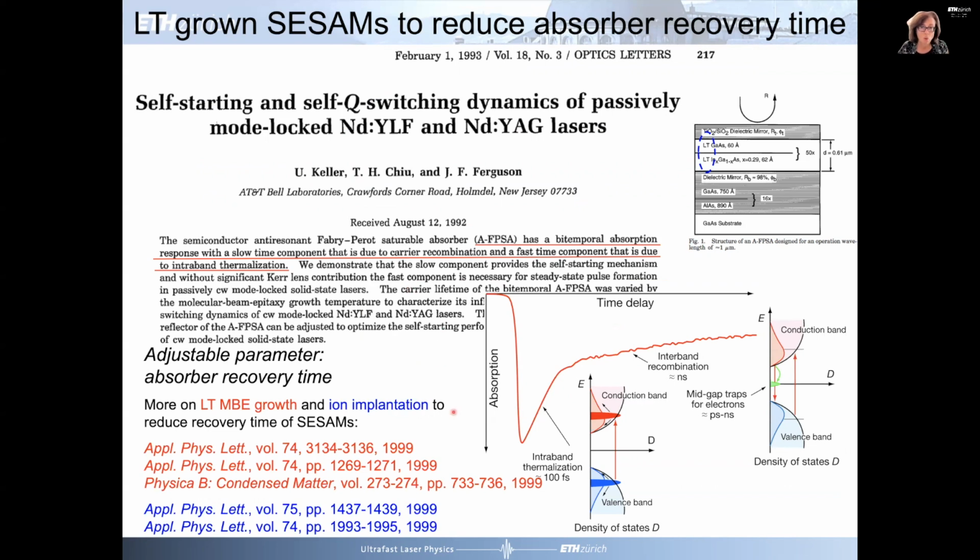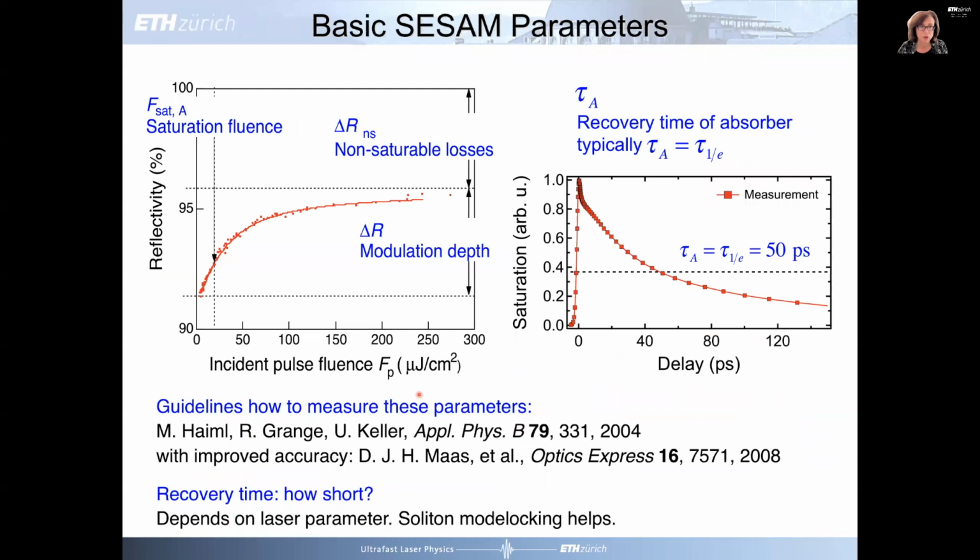I then did a more careful study of the optical properties of this low temperature grown saturable absorber, where we optimized the material properties. The relevant macroscopic parameters that we need to optimize for the mode locking are at what fluence, this is the pulse energy density, the saturable absorber reflector is saturating.